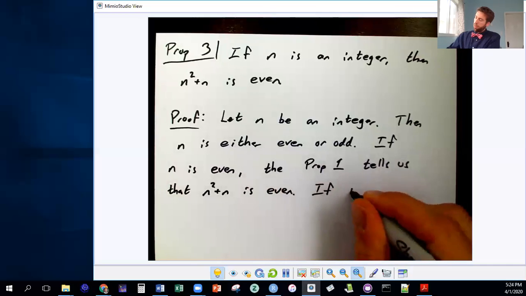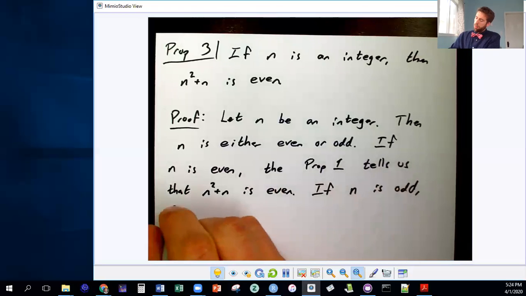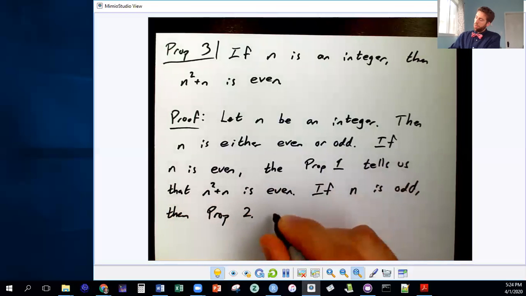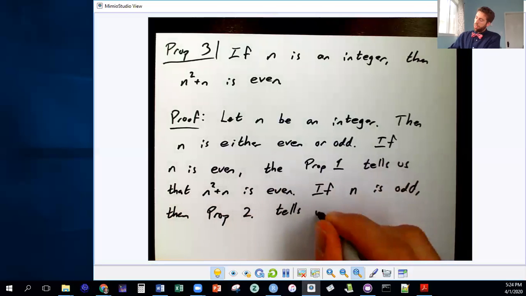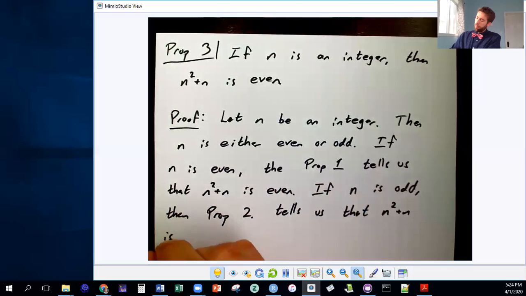If n is odd, then proposition 2 tells us that n squared plus n is even.